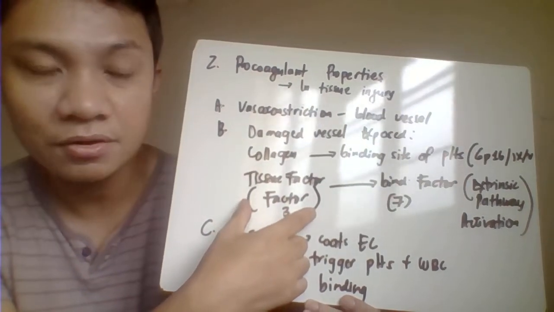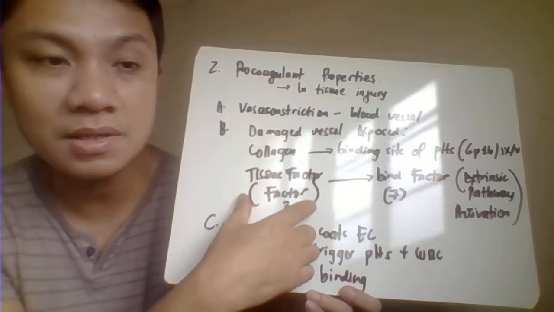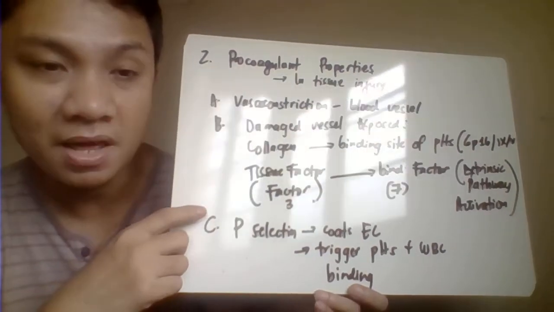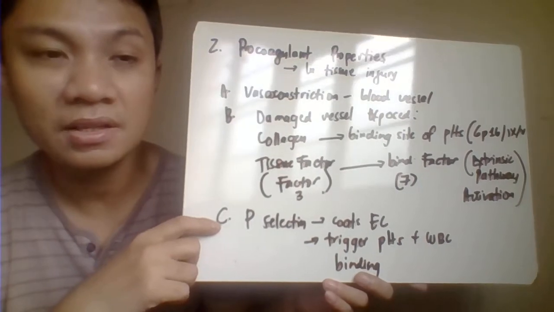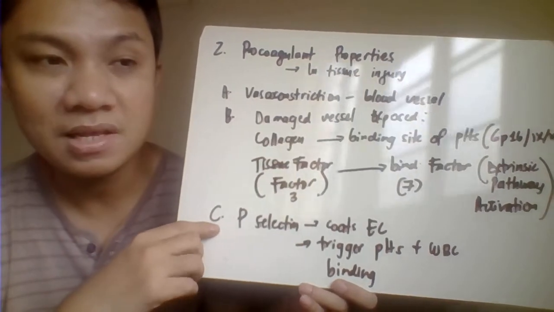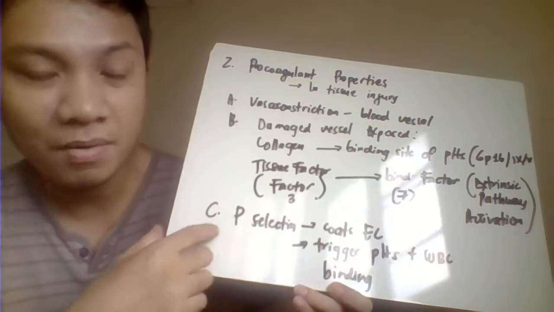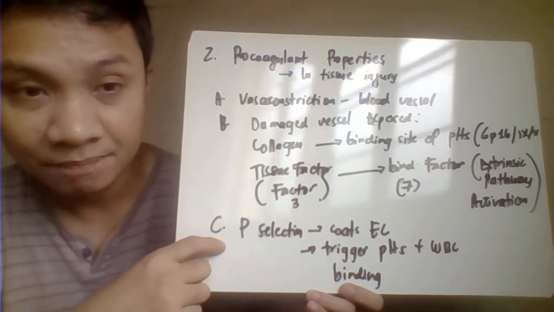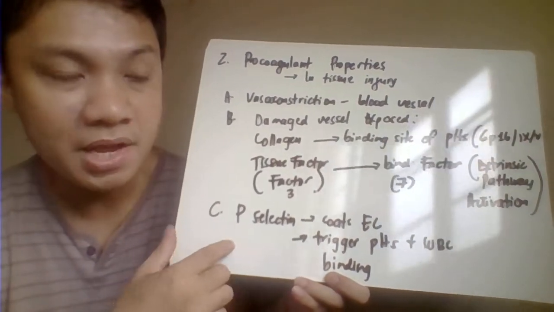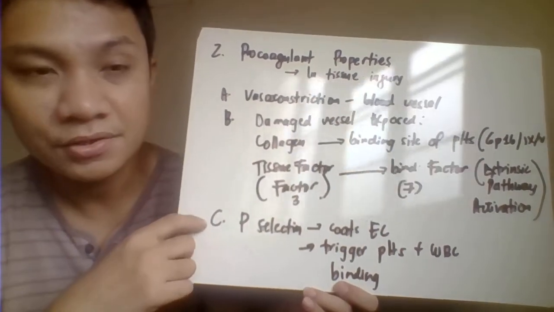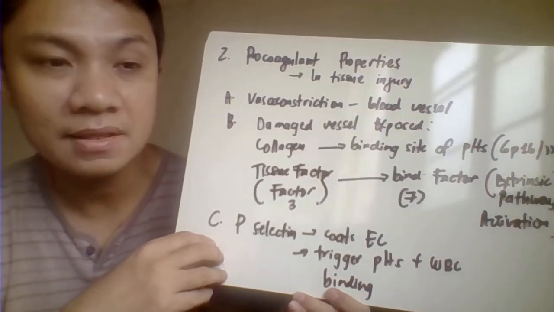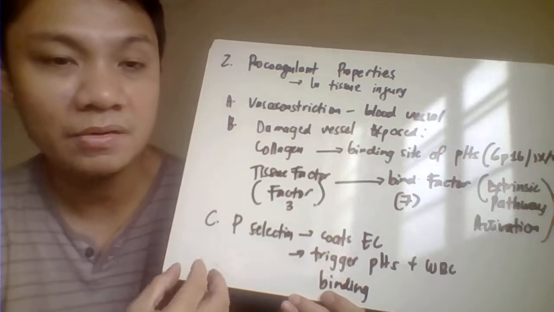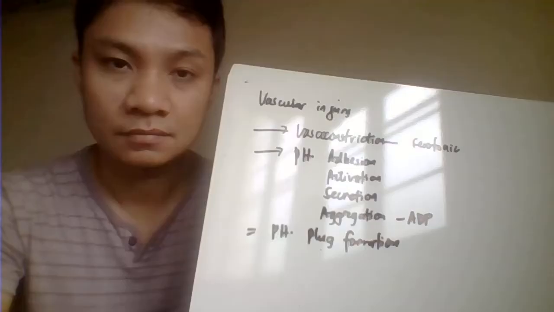And your tissue factor would activate your secondary hemostasis through your extrinsic pathway activation. Another one that helps here in order for you to have the clotting process or procoagulant properties is your P-selectin. The P-selectin tries to coat here the endothelial cells, also tries to trigger the binding of your platelets and WBC para mag-clot, karon tayo ng clotting process.